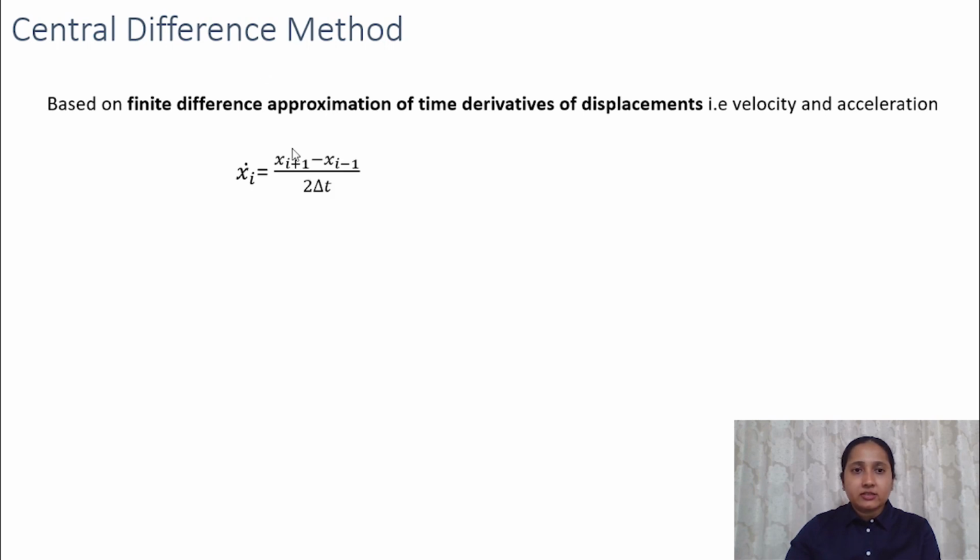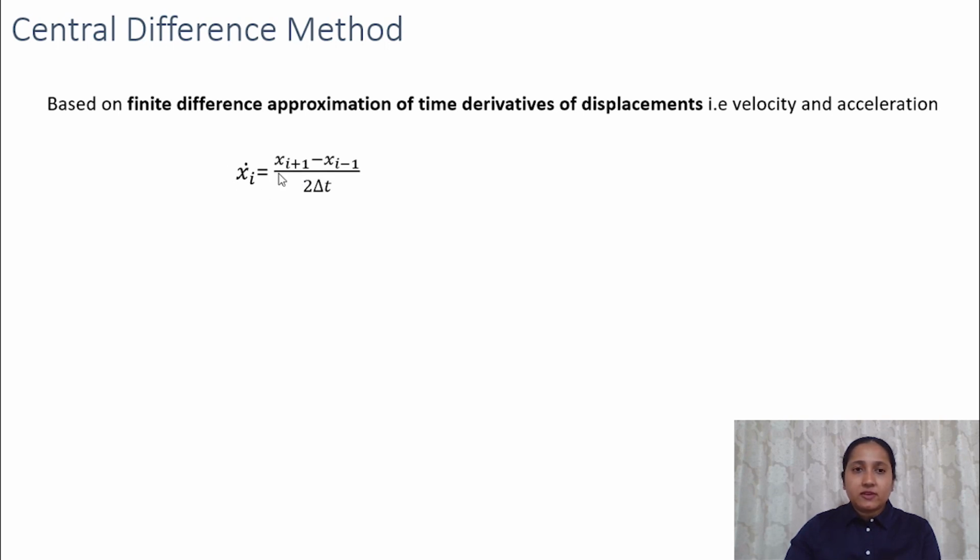In this method, the velocity at the ith time instant can be written as the displacement at the next instant minus the displacement at the previous instant, divided by 2 times the time step. So this x_{i+1} is the displacement at the (i+1)th instant.